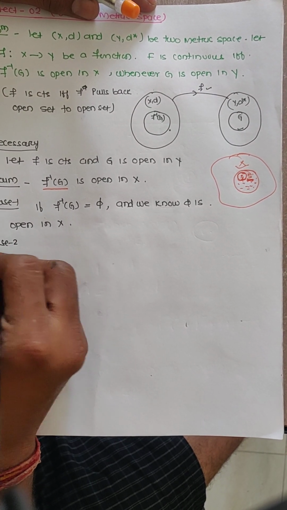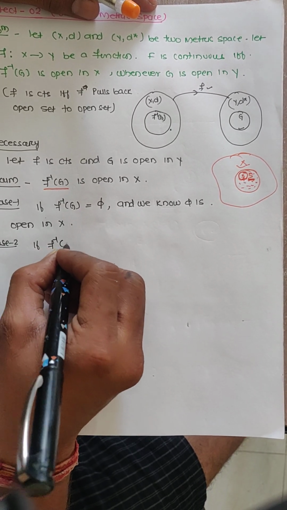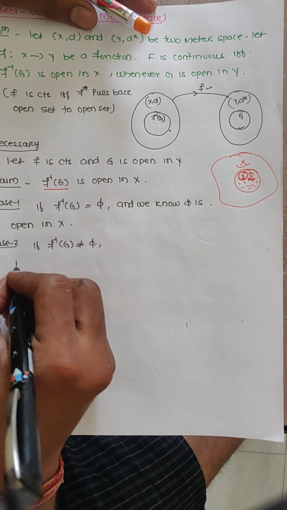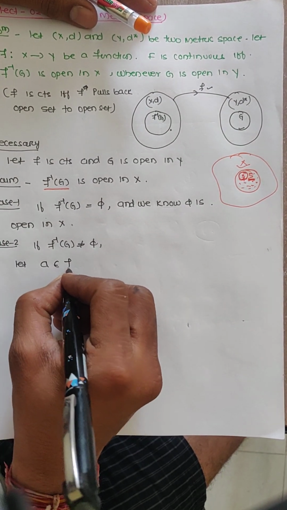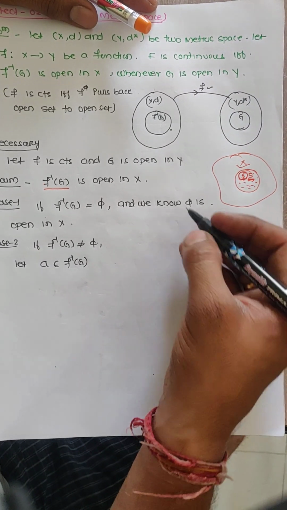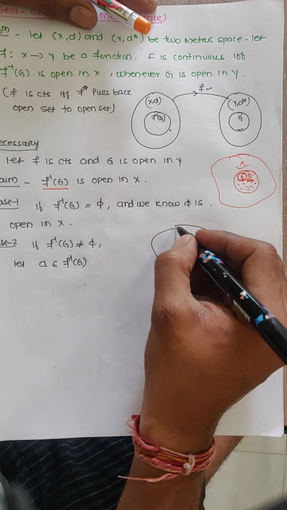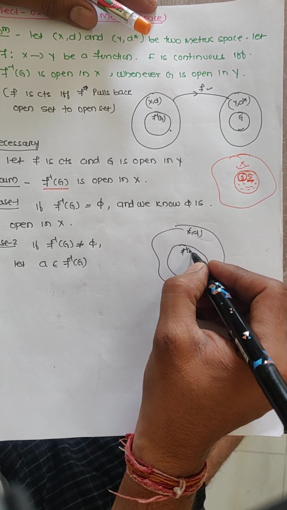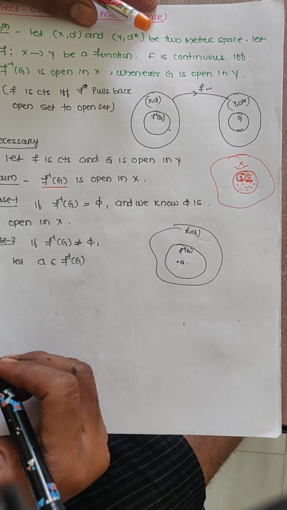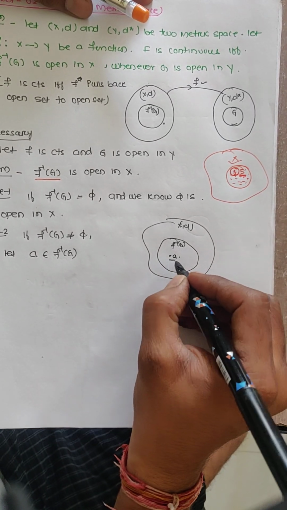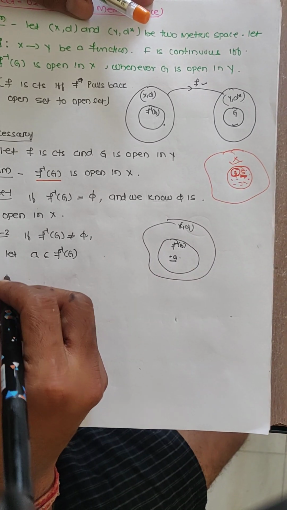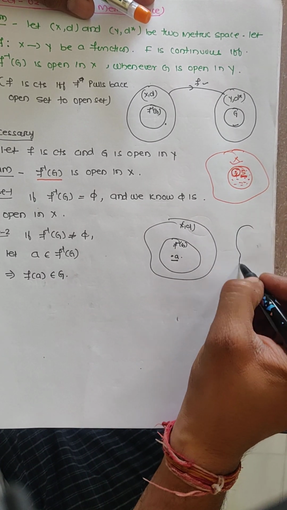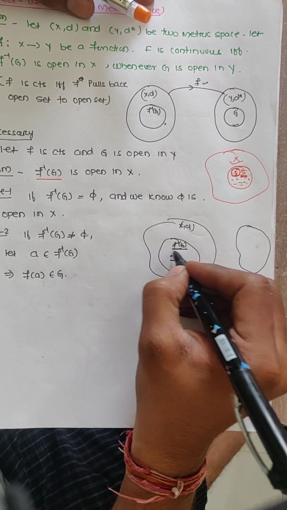Case 2: if f inverse of G is not equal to phi, let a belong to f inverse of G. Suppose this is my (X, d) and f inverse of G is here, and I have taken a point a belonging to f inverse of G. Now since a is in f inverse of G, f of a must lie in G, because this is an inverse image.